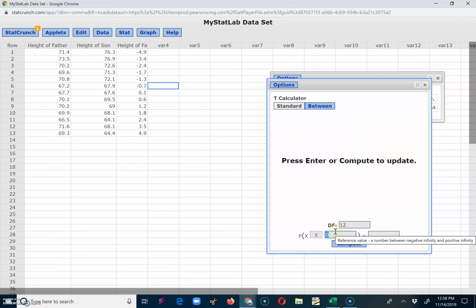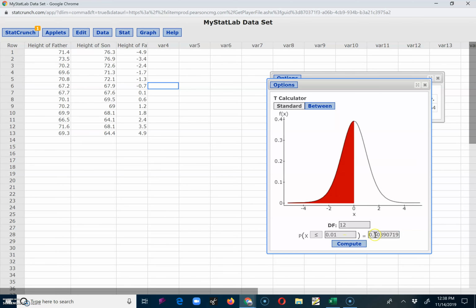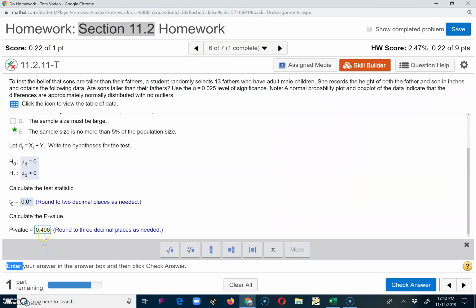And I'm looking for a p-value that's less than my observed statistic. A p-value for all random variable values that are less than my observed statistic. I'm going to go ahead and use the rounded value here and click compute. And that's the value I got. So the value coming out of the StatCrunch t-distribution calculator, rounded to 3 decimal places, was 0.504.